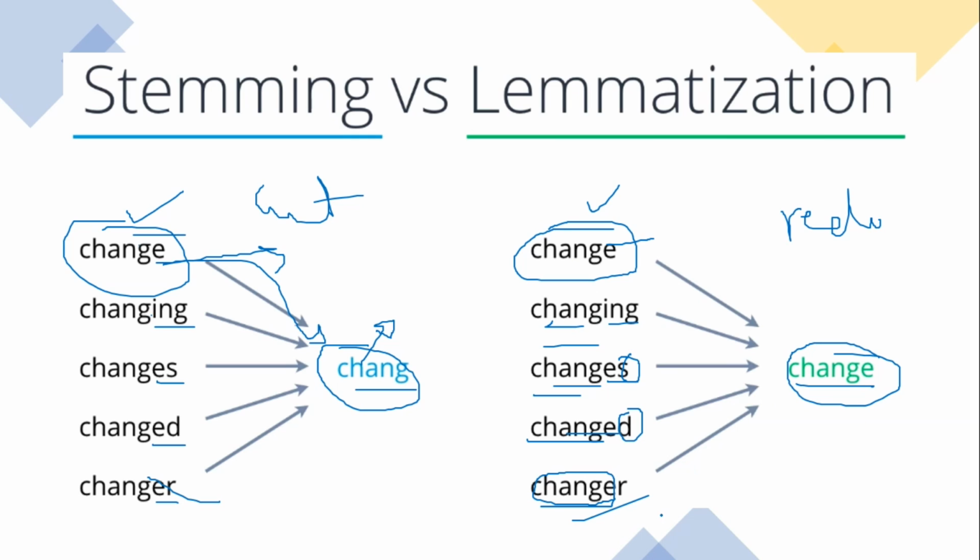So now the occurrence of the word "change" in the document will increase, that is 1 2 3 4 5. So we can say "change" has occurred in the document 5 times. But with stemming we can't say how many times the word "change" has occurred.